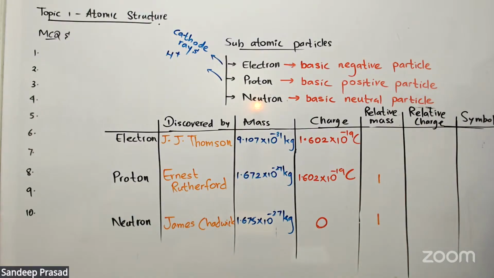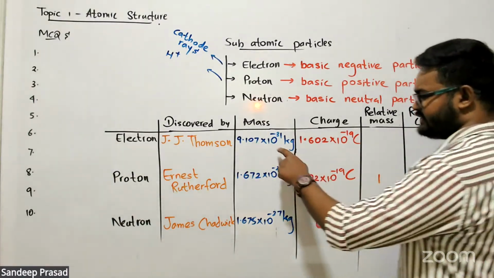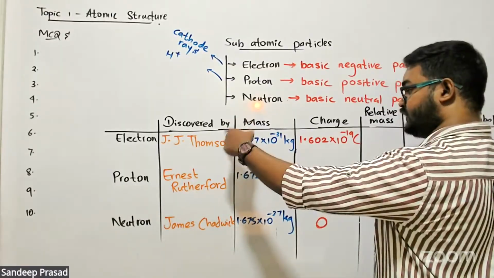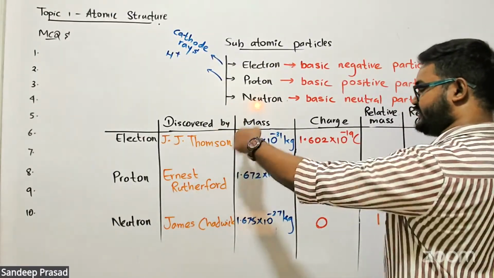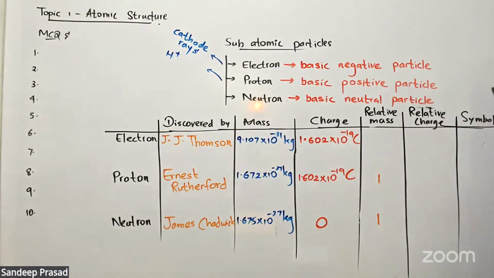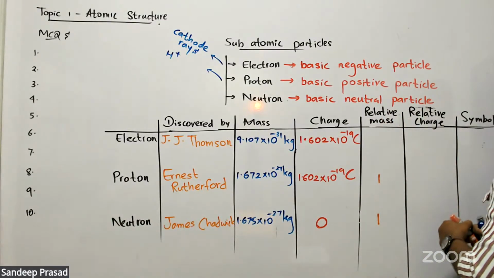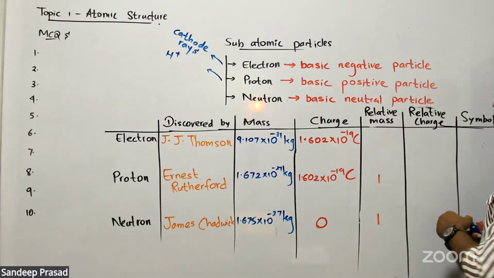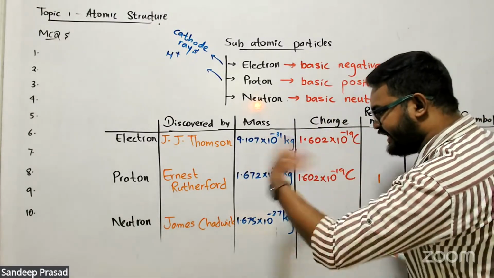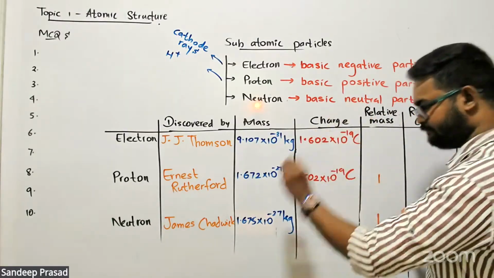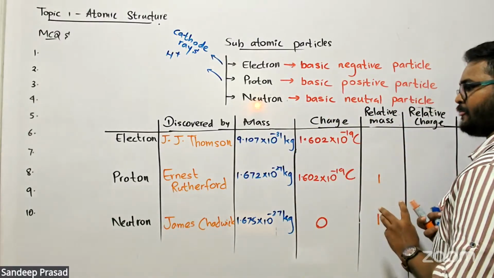And what about the mass of electron? The mass of electron is 10^-31. That means there are 30 zeros before the decimal. Understood? So therefore, we consider that its mass is negligible. Remember, students, electron's mass is negligible compared to the mass of proton and the mass of neutron.